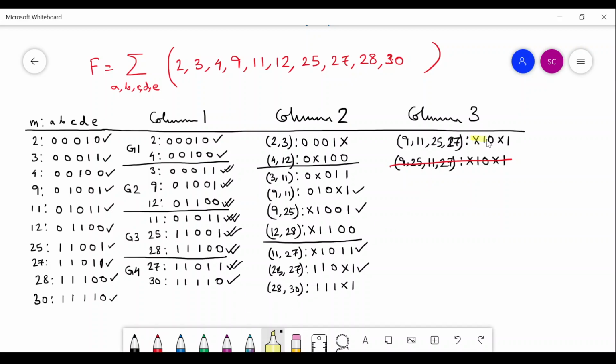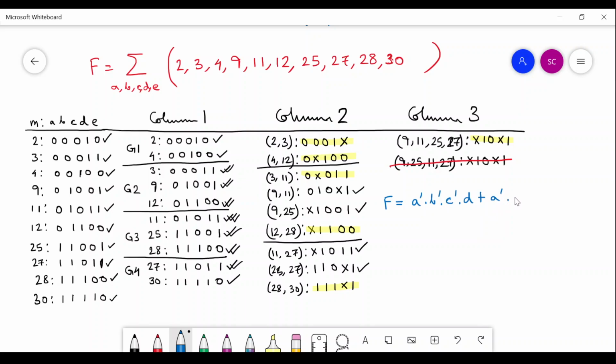The unchecked terms are this, this, this, this, this, and this. So there are 6 unchecked terms. So the final result f will have 6 product terms summed together. Let us start from the first ones. So a dashed, b dashed, c dashed, d. I hope you are able to understand how I am forming the terms.